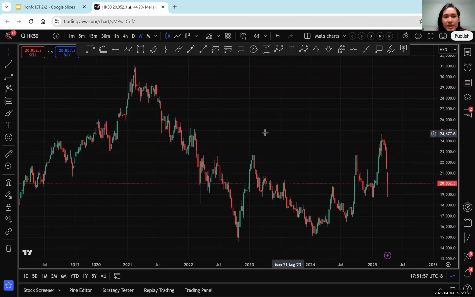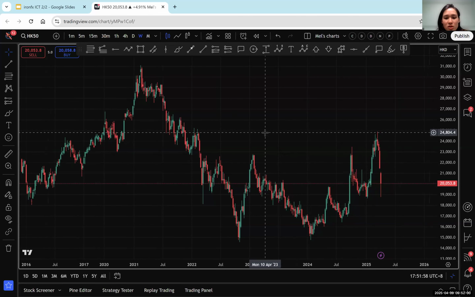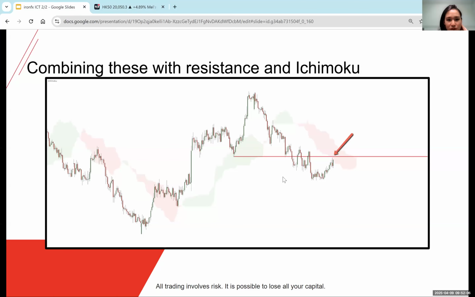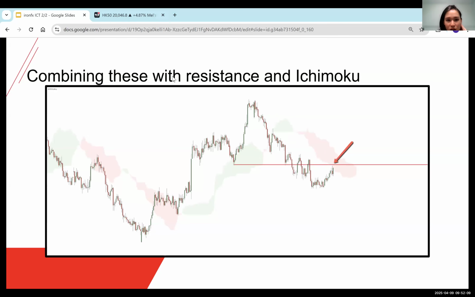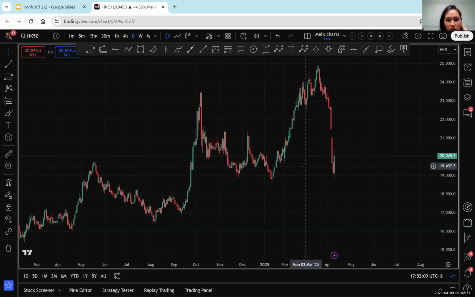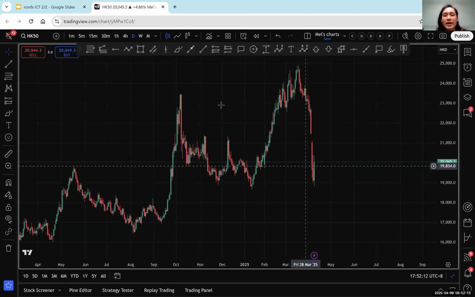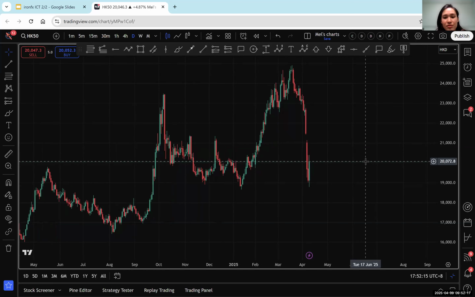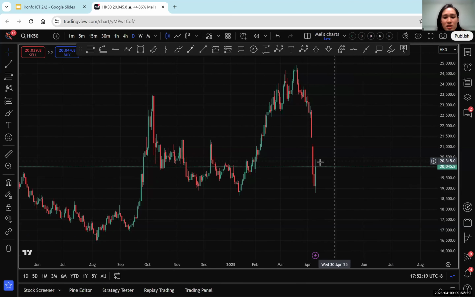It's very similar when we talk about ICT to what we normally do. Like I mentioned earlier, we look at the higher time frames first, right? ICT suggests us to look at either the daily or 4-hour time frame first, and that gives you an idea of the general direction of price.